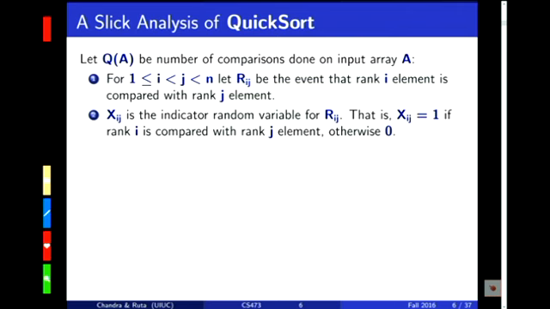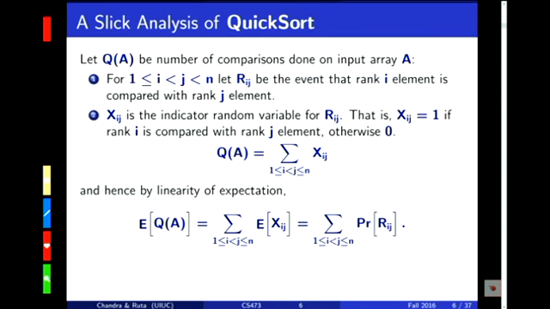So xij becomes 1 during the algorithm if I really compare the ith rank element with the jth rank element. I'm not going to compare all elements with all other elements, remember, because otherwise I'll get n squared. So I'm not comparing some elements. That is, xij becomes 1 when I compare the element with the ith position in the sorted order with the element with the jth position in the sorted order.